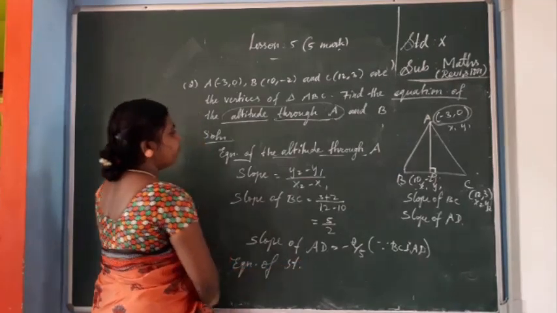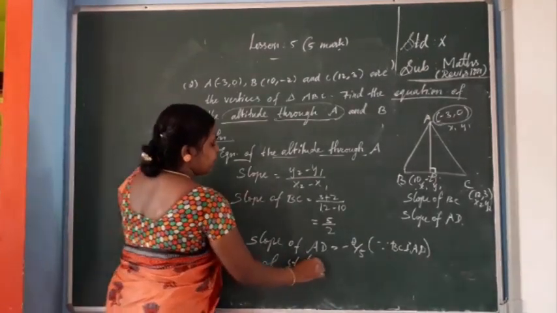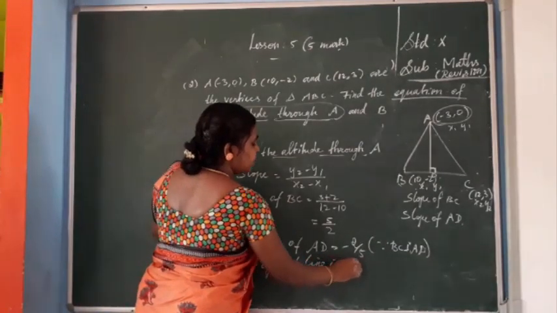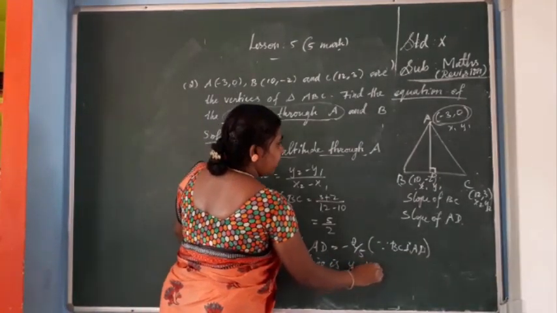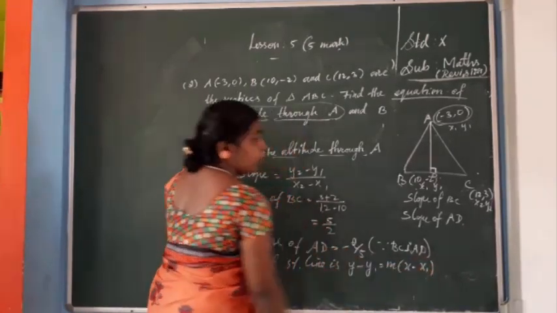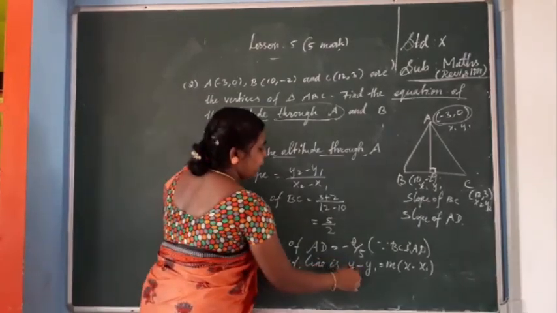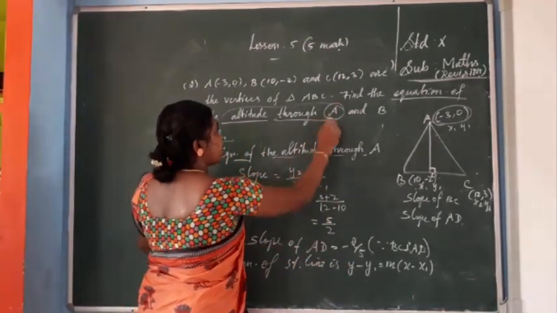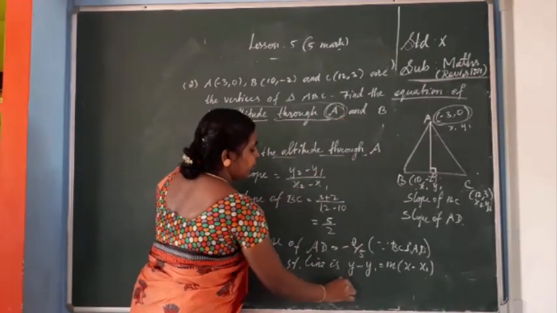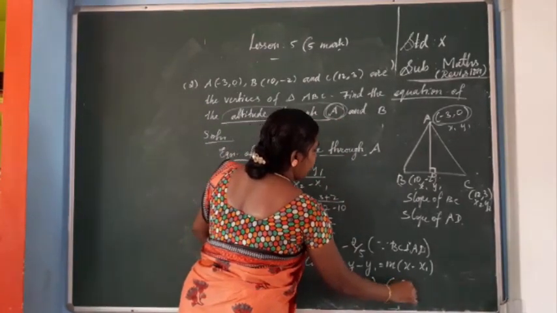Next, the equation of the altitude through vertex A. The straight line formula is y minus y1 equals m into (x minus x1). Here x1, y1 is that vertex. Don't forget, A, so x1, y1 equals minus 3, 0.